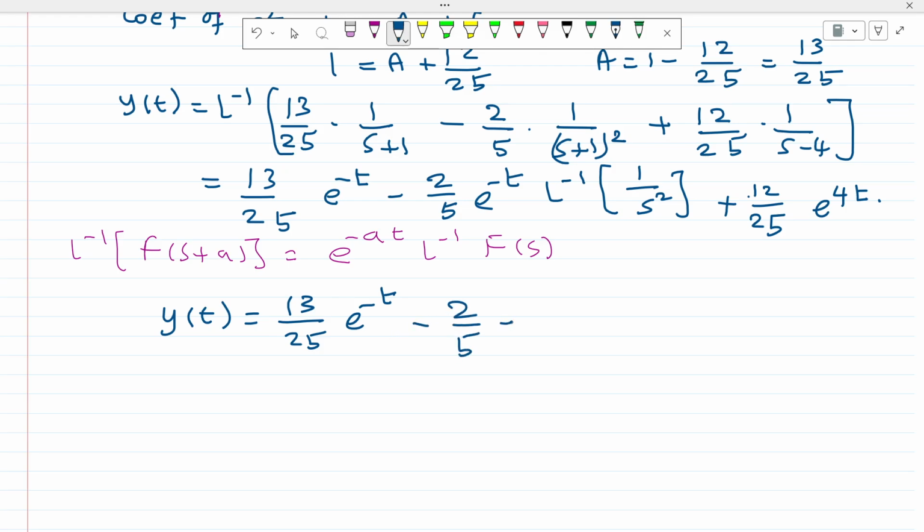Minus 2 by 5 e power minus t. What is L inverse of 1 by s square? T. It is t plus 12 by 25 e power 4t.